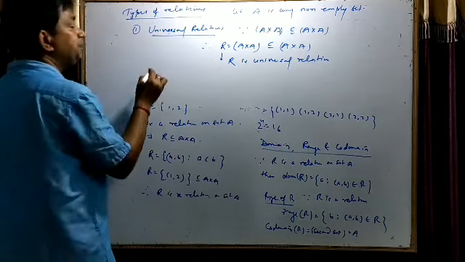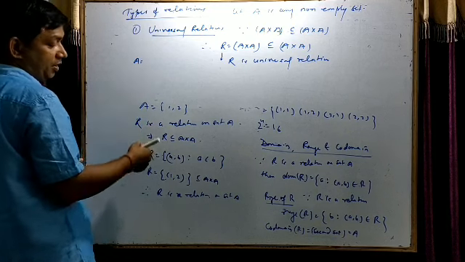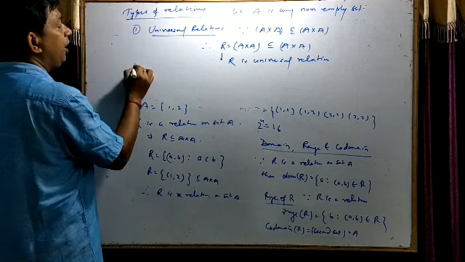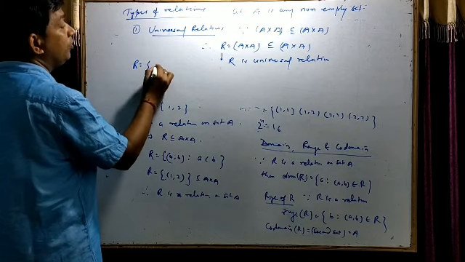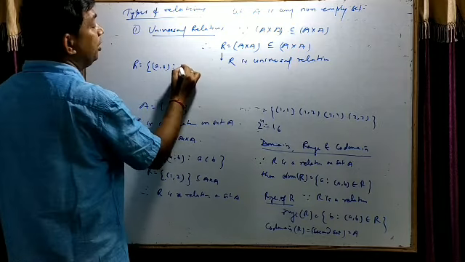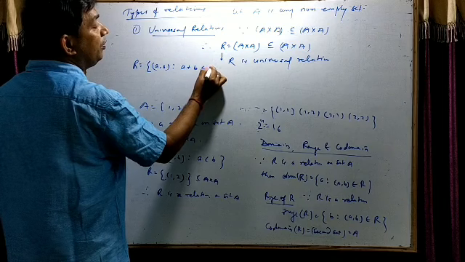See one example. A equal to {1, 2}, the same example where I wrote A cross A. So R equal to {(a, b) such that a plus b less than 5}.